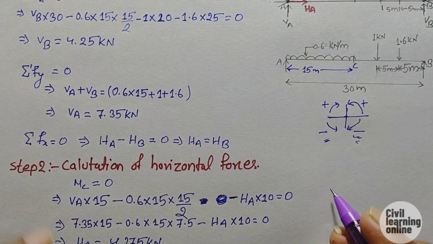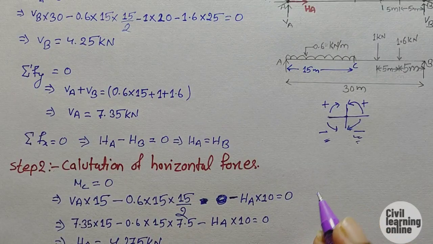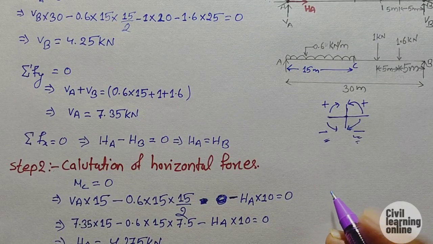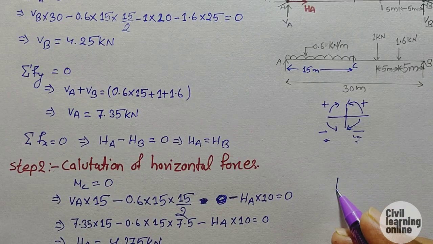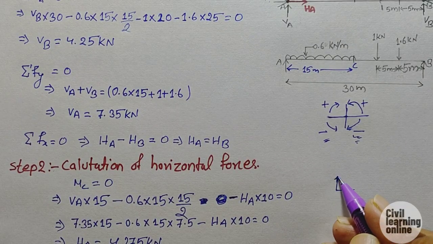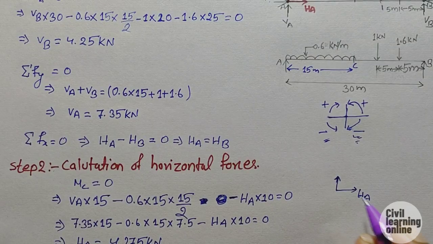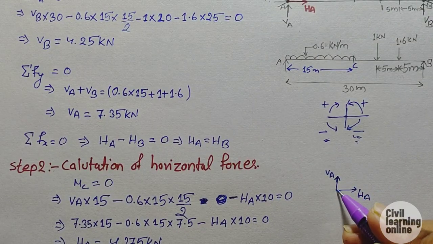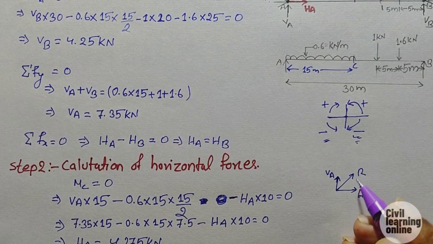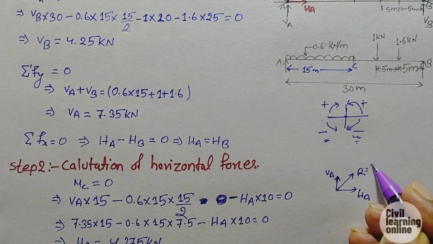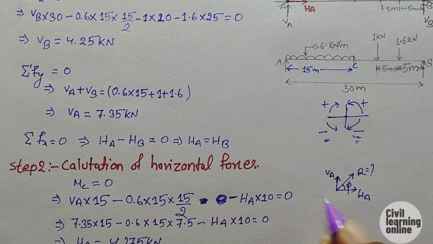Now we need to find the reaction at the supports. We will be doing that in step 3, but here let us see a diagram. Here this is HA, this is VA, and this is our reaction. So we will need to find the value of R as well as the angle at which the reaction is acting.